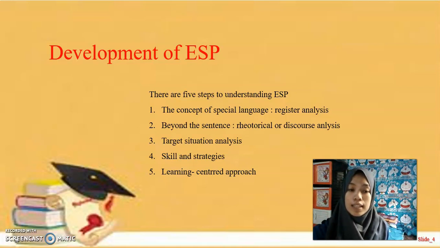The aim of the analysis of ESP is to identify the grammar and lexical features of the register. And the point of understanding ESP is that it's more important to understand the grammar first, because ESP texts use high level grammar.